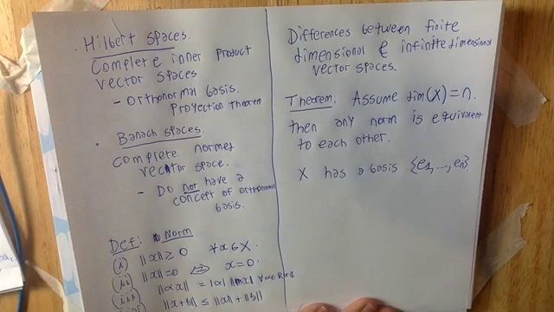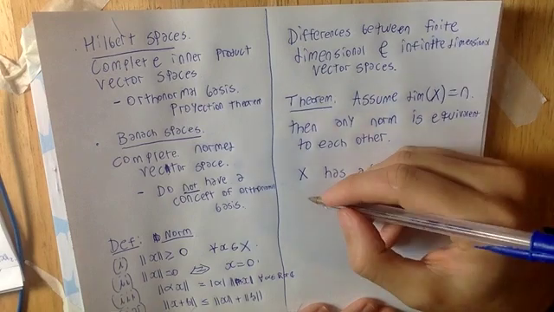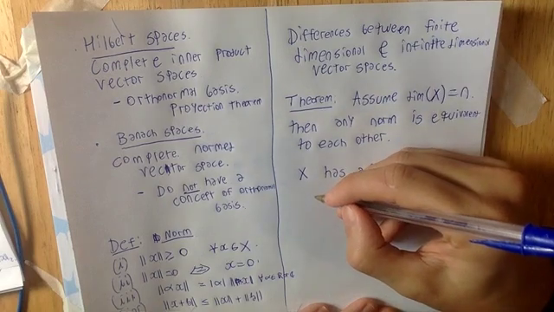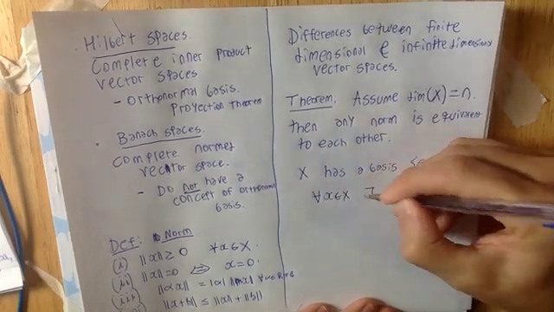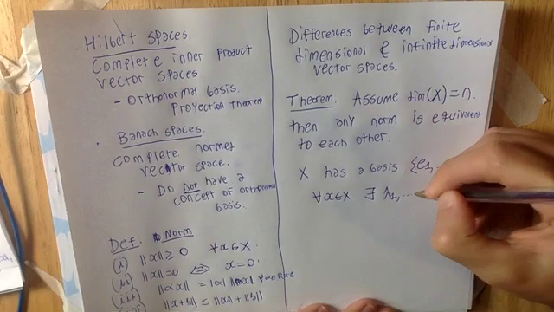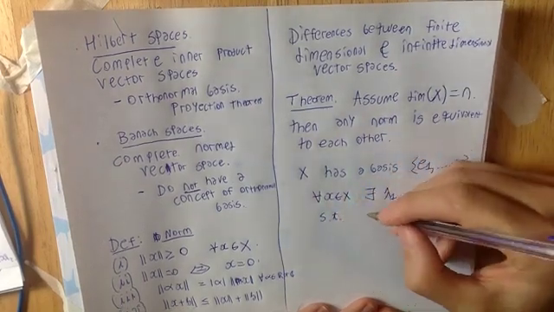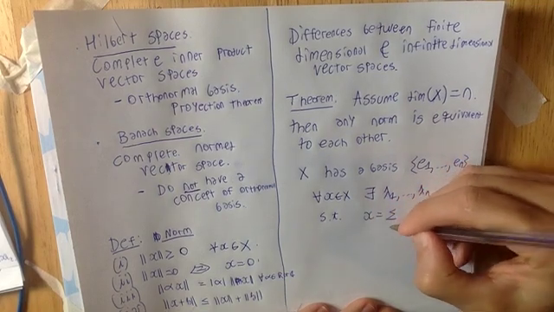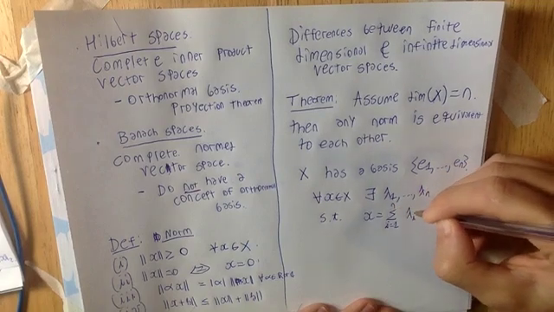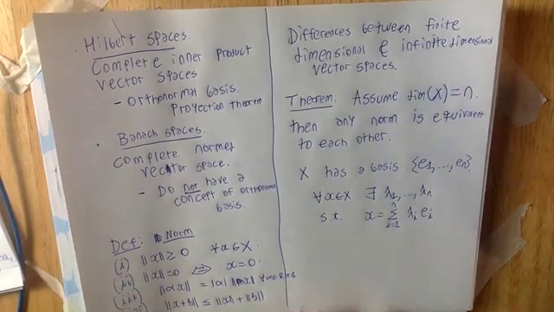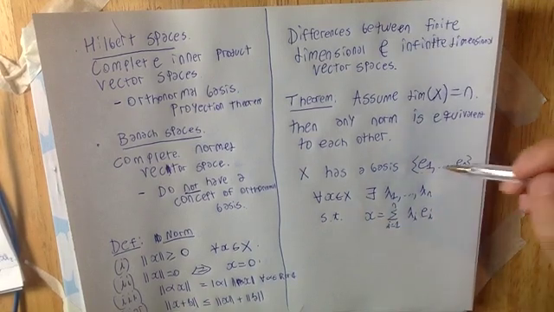Then we can write, for every x in X, there exist lambda 1 through lambda n such that x is equal to the sum, i equals 1 up to n, of lambda i e_i. This is the representation of x in our basis.